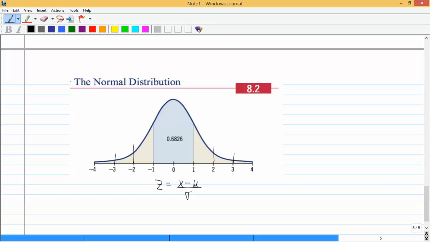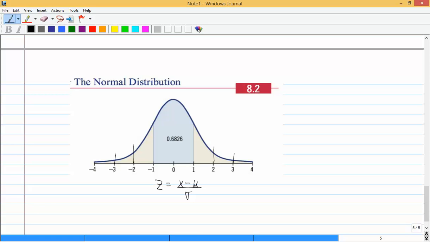Okay, so that comparison is very important that you understand. We're using these areas under the curve to find probabilities if they're normally distributed.